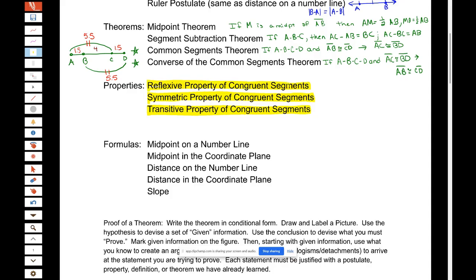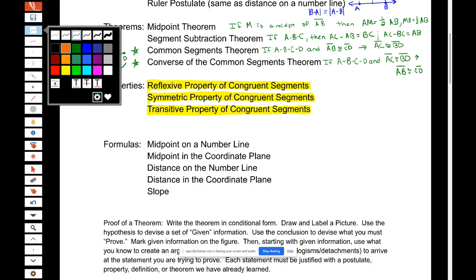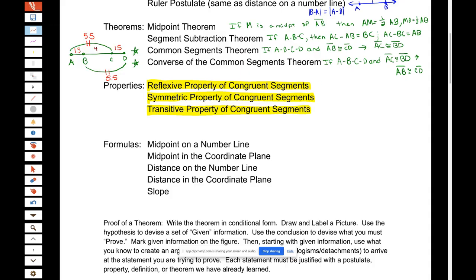I'm actually going to have you prove one of them in your homework assignment. But they're pretty simple and easy to understand. So if you have a segment, it's automatically congruent to itself. So segment AB is congruent to segment AB. And it seems really silly to say, well, why would we need to say that? Of course, every segment is congruent to itself.